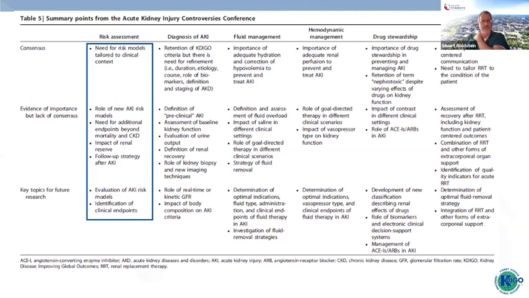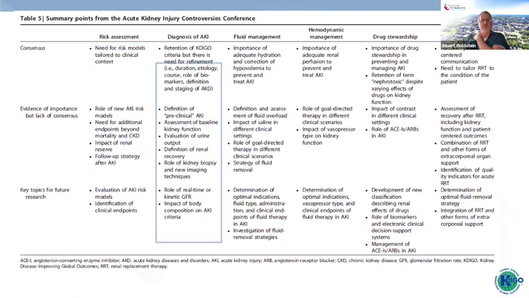And for research, we need evaluation of AKI risk models and better endpoints. For diagnosis, we need to retain the KDIGO criteria, but they need to be refined. Preclinical or subclinical AKI, biomarker positive and creatinine negative AKI, and better markers of true functional AKI, like real-time GFR measurement or kinetic GFR.